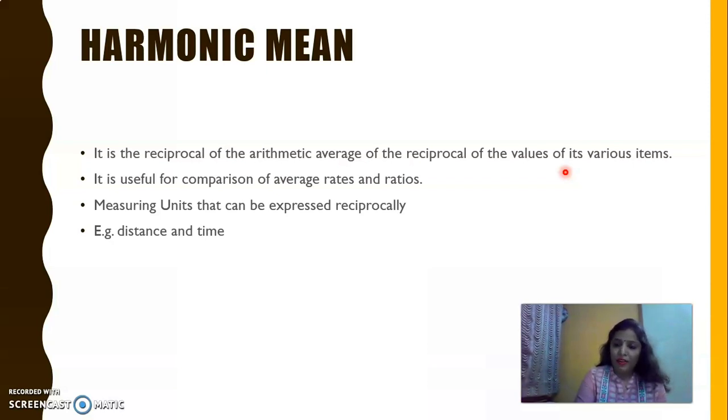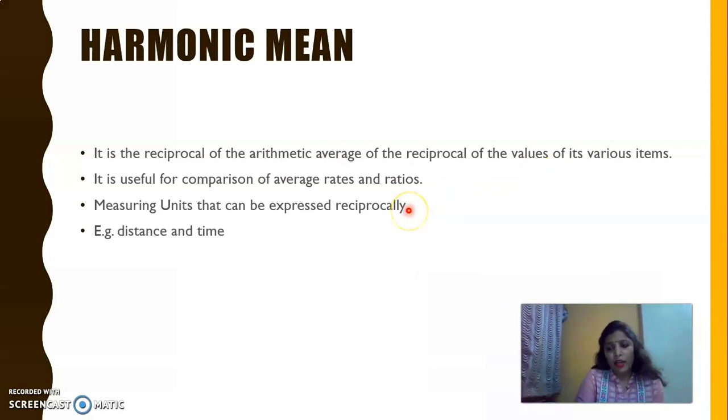The reciprocal of 10 will be 1 upon 10 and the reciprocal of 20 will be 1 upon 20. Now when we take the arithmetic mean of these 2 reciprocal values, the resultant value we call harmonic mean. So the harmonic mean will be 1 upon 10 plus 1 upon 20 divided by 2, because there are 2 observations in the data set.